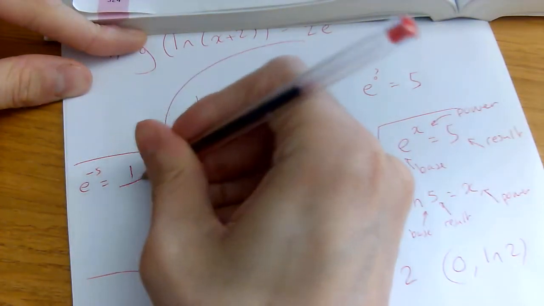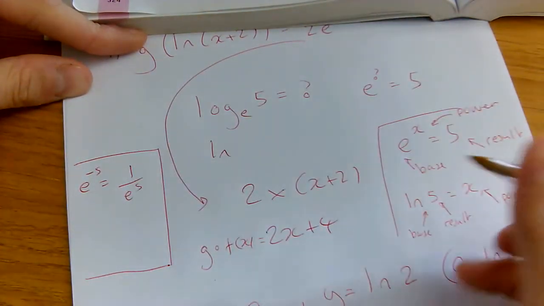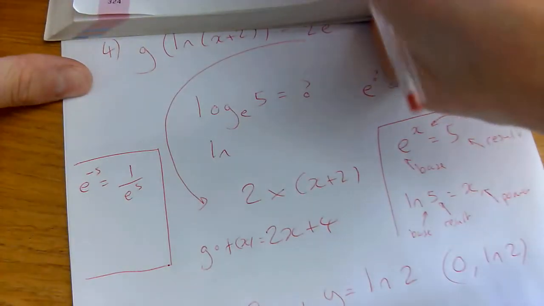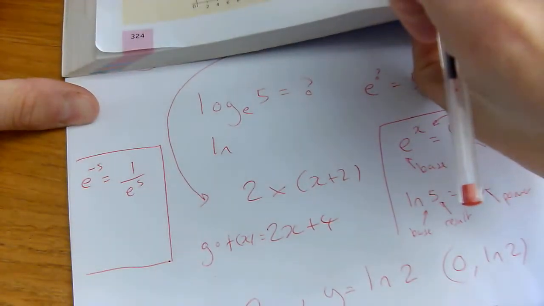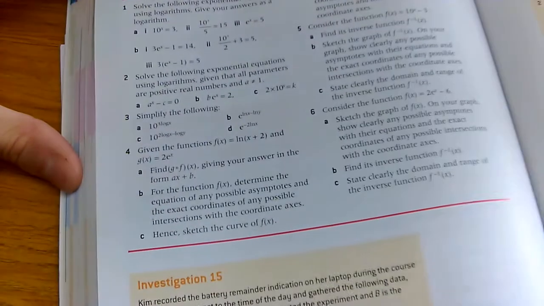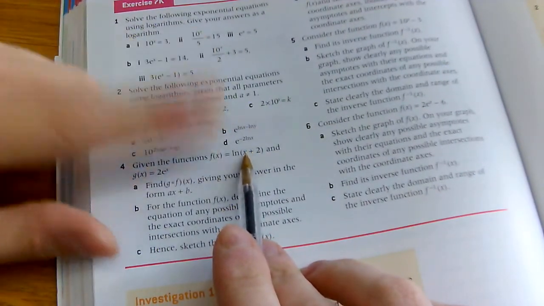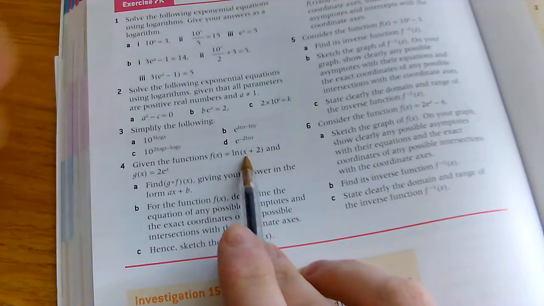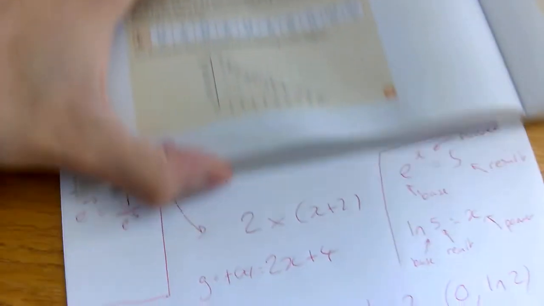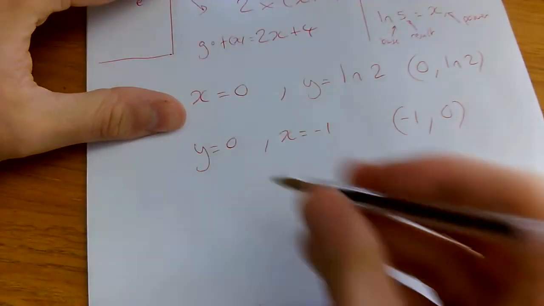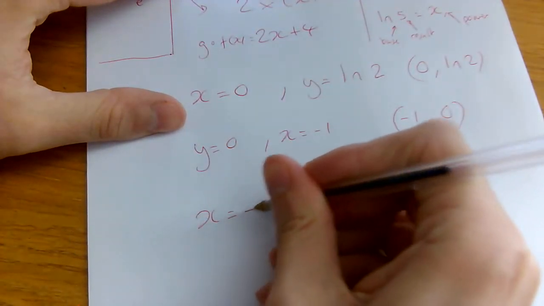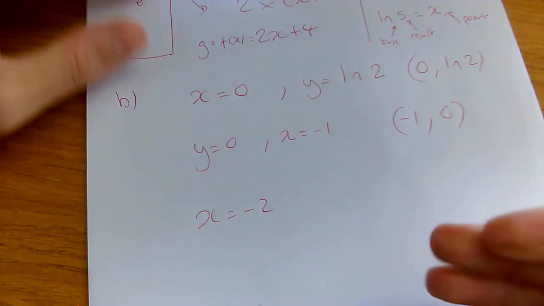It's going to be 1 over e to the 5. So the result of a power is never going to be negative. That means that this bit inside the natural log can't be negative. So the lowest x can be, well, it can't even be this, but it can approach minus 2. So you can say that the graph will have an asymptote at x equals minus 2. So it's never going to quite reach that.